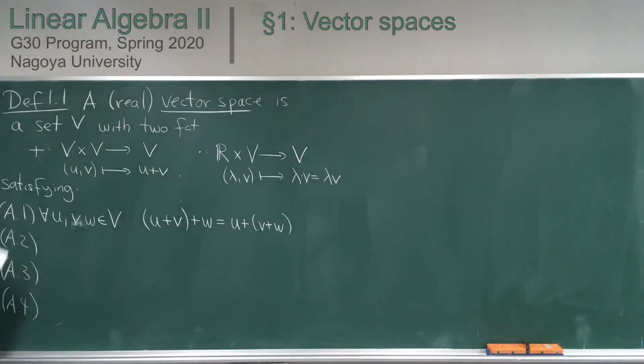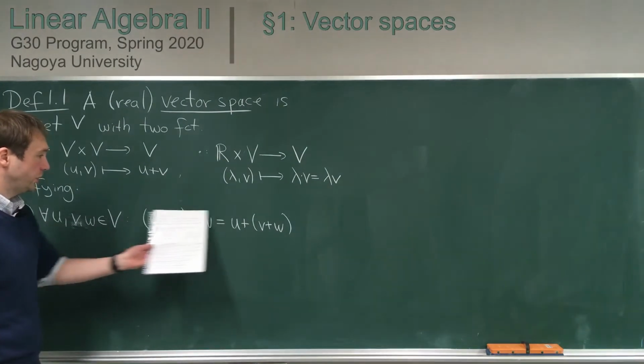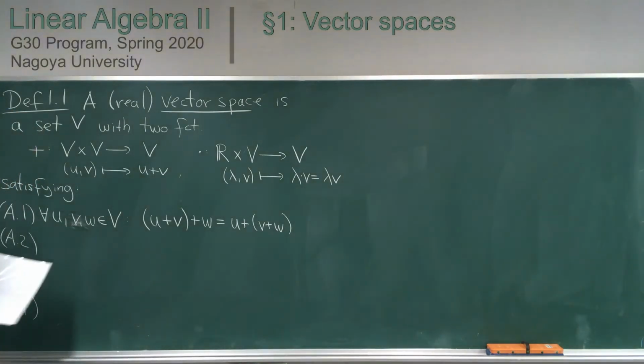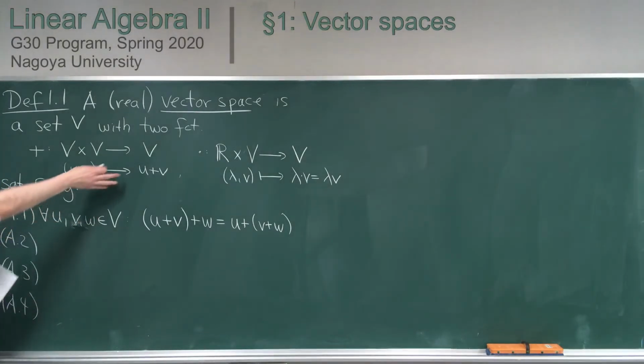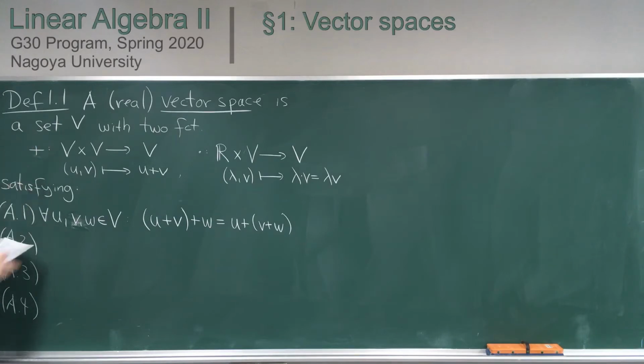And this is called associativity. So it doesn't matter which one you evaluate first, which is clear for vectors, but here it's one of the conditions for this new general plus.